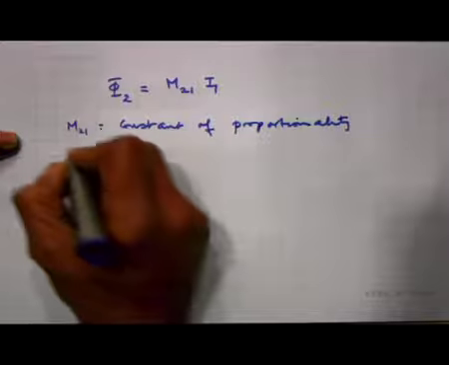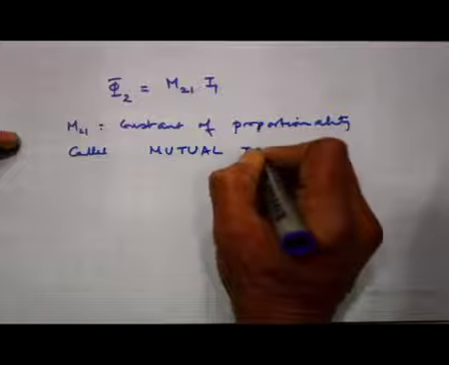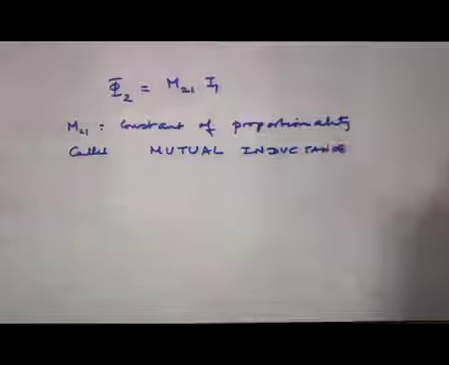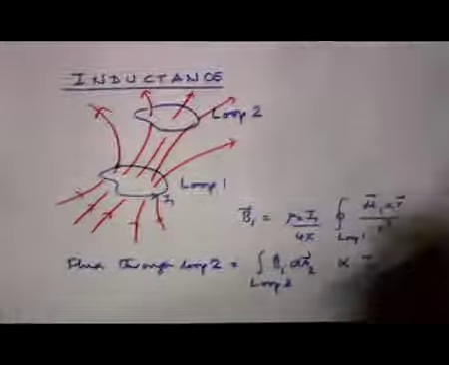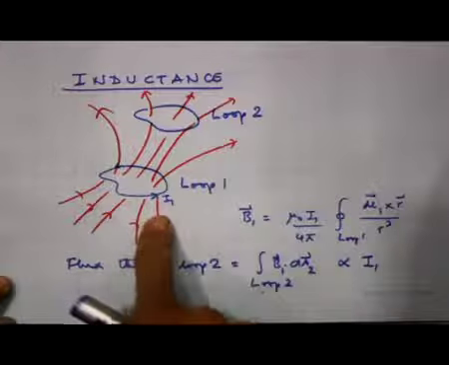and is called mutual inductance. It is mutual inductance because it describes how much flux is linked by loop 2 because of current in loop 1.